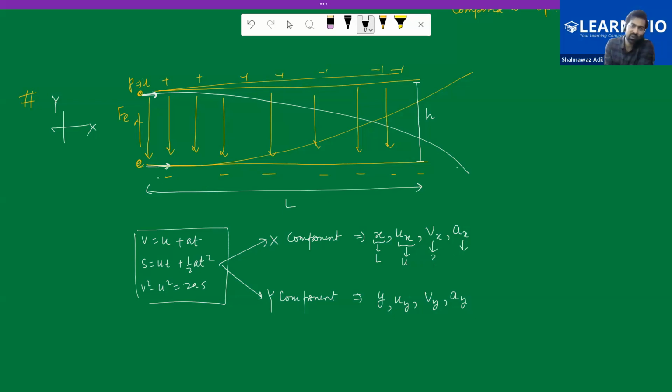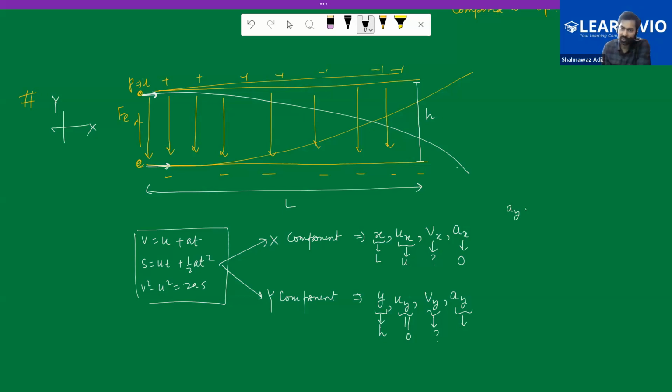Ax. Do we have any acceleration in the X direction? No. So Ax is 0. And again, Y is H. Uy is 0. Vy we want to find out. Ay is the acceleration in the vertical direction, right? So how much is Ay?